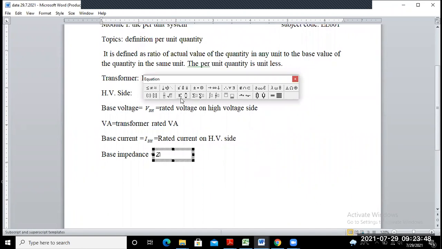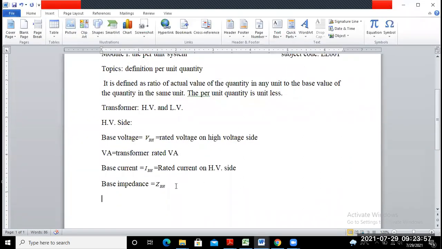ZBH is equal to, in terms of voltage and current, impedance equals voltage divided by current.